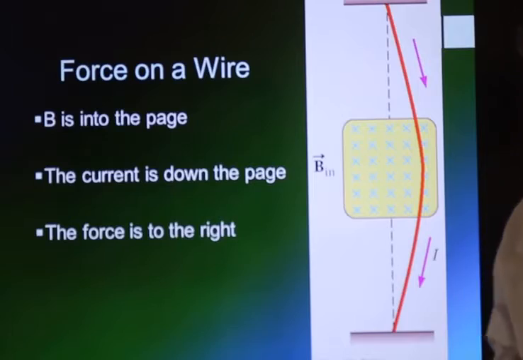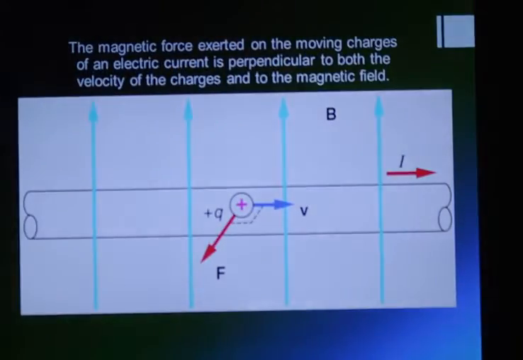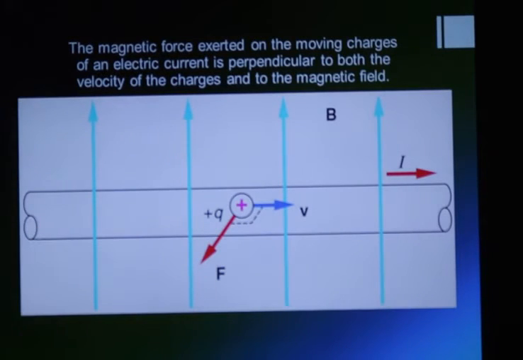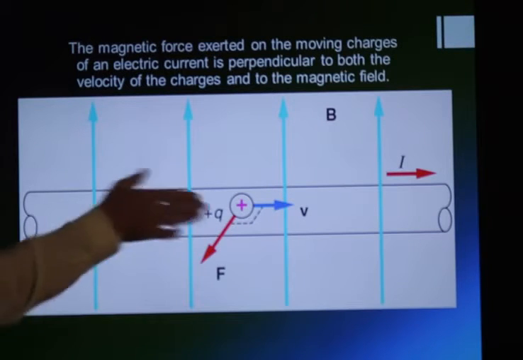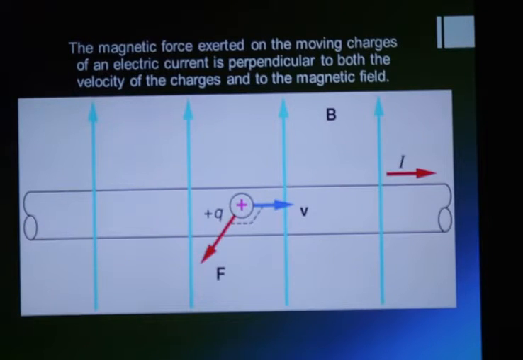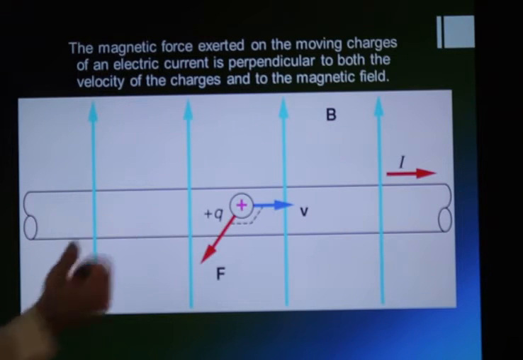How do we calculate the force on current, however? Well, again, we already saw how the right-hand rule works. If the current is going in this direction, it's like we have positive charges going in the positive x direction. Again, V cross B gives us a force out this way.